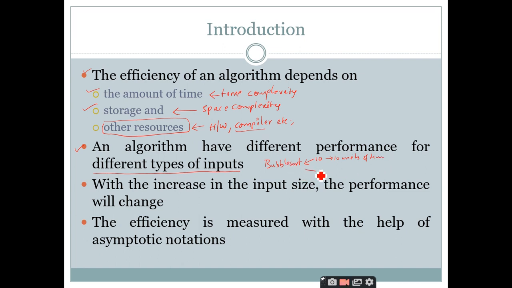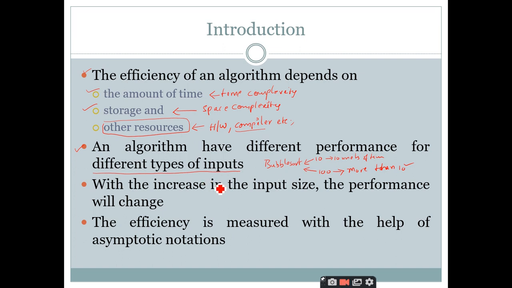For the same bubble sort algorithm, if I give the input as 100 elements, will it be sorted in just 10 units of time or will it take more time? It will take more time, right? It will take more than 10 units of time. This is clear, right?